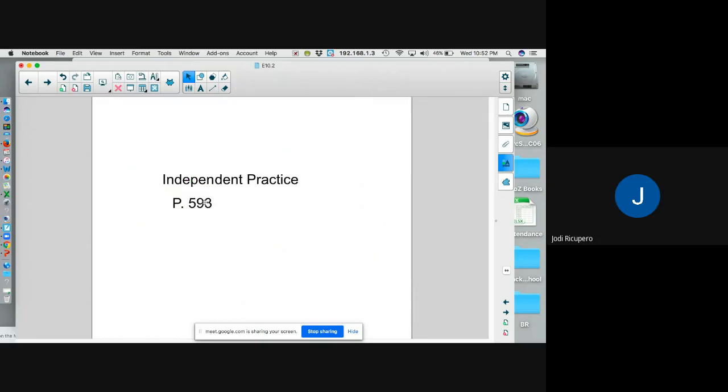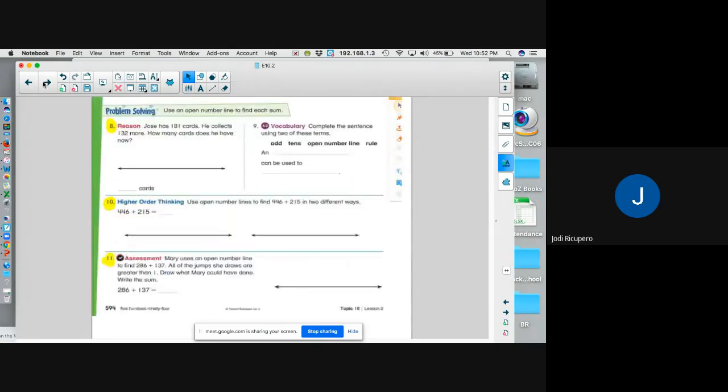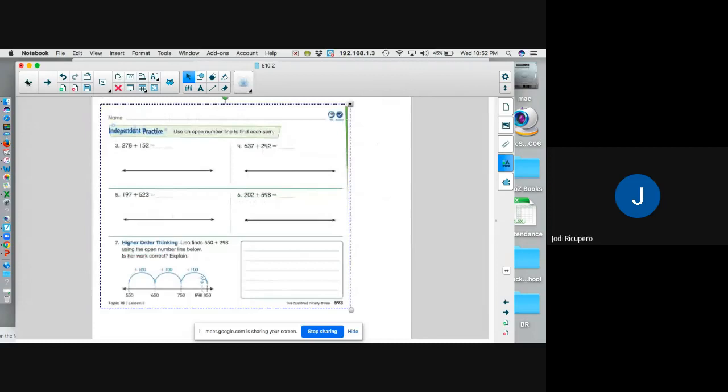Please do independent practice page, all of page 593, and then on practice page 594, you will do 8, 10, and 11. Do all of page 593.